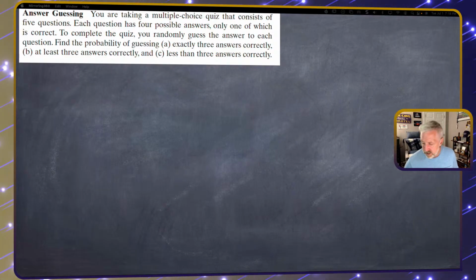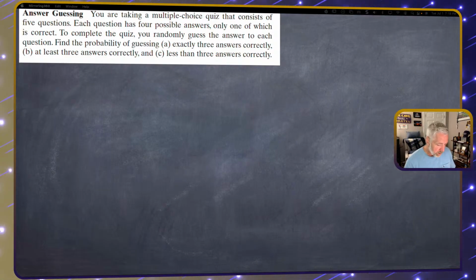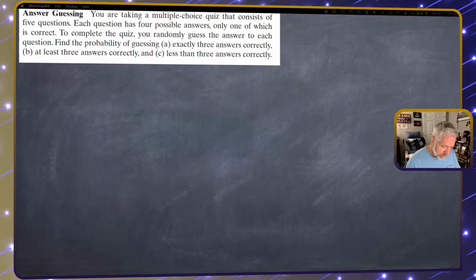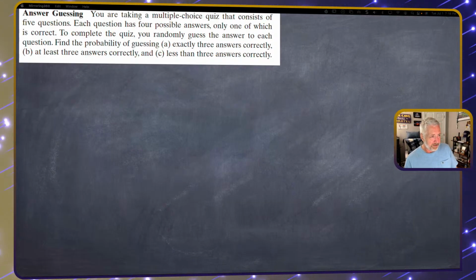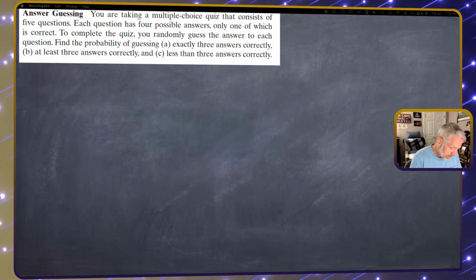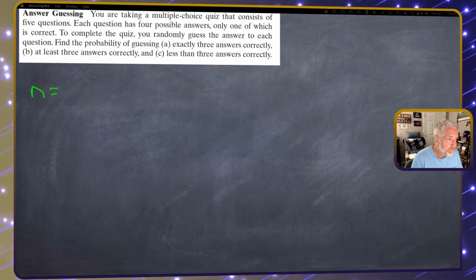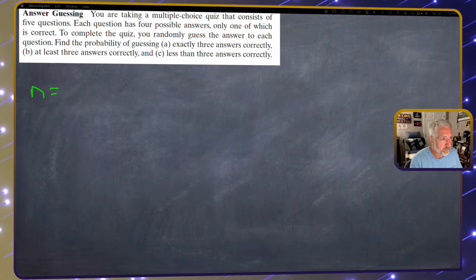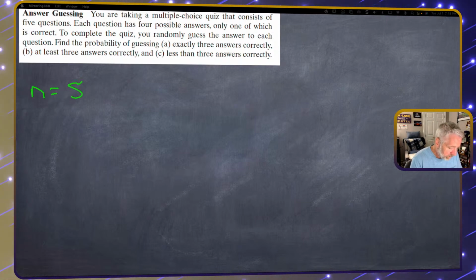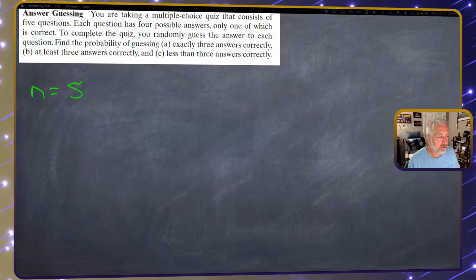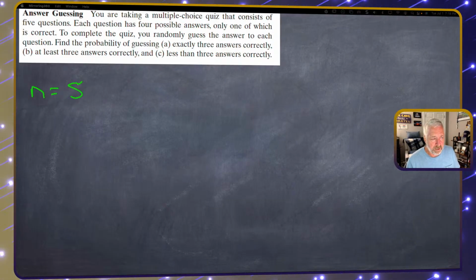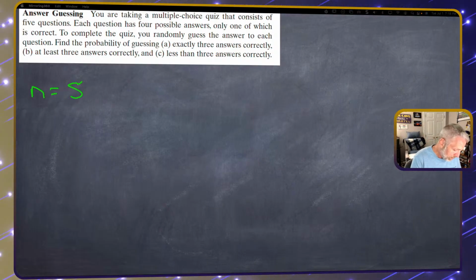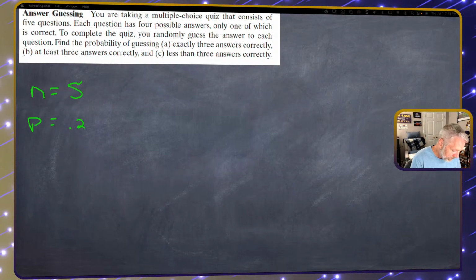Multiple choice quiz consists of 5 questions. Okay. So what I need to do here is first I'm going to determine whether this is a regular probability distribution or a binomial. I think it's binomial right off the top because I have a finite number of trials. We have 5 questions, so n equals 5. Each question has 4 possible answers, only one of which is correct, which means the probability of success is 0.25.